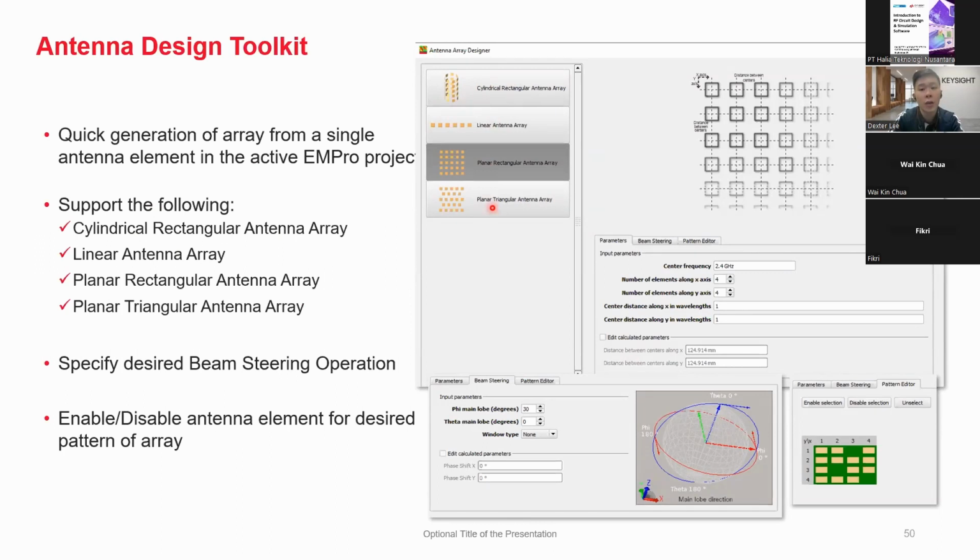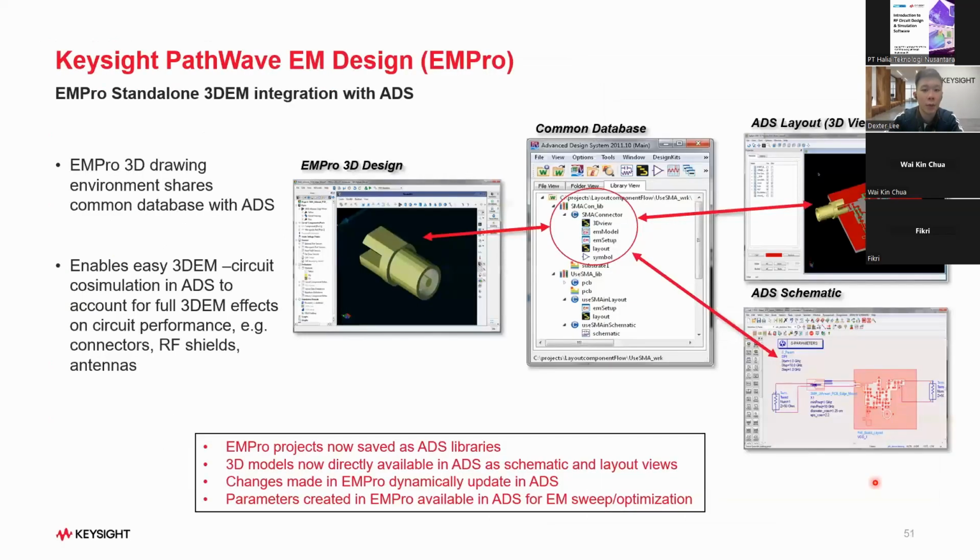So we can quickly create those phased array designs for you. Then you can also use the pattern editor, removing some elements to see how the performance of your phased array design would change. Okay, so these are two new features that we added recently to EM Pro.